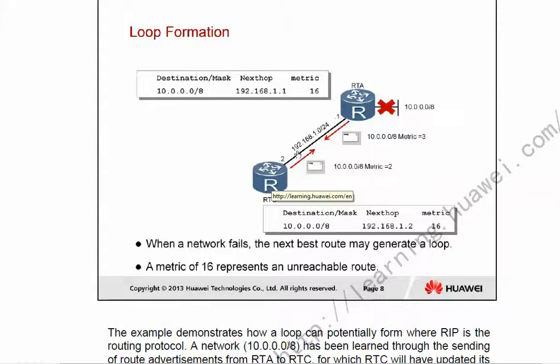So A and C will exchange this information back and forth, and each time the metric will increase by 1. Eventually a metric of 16 will be reached, and it represents an unreachable route.